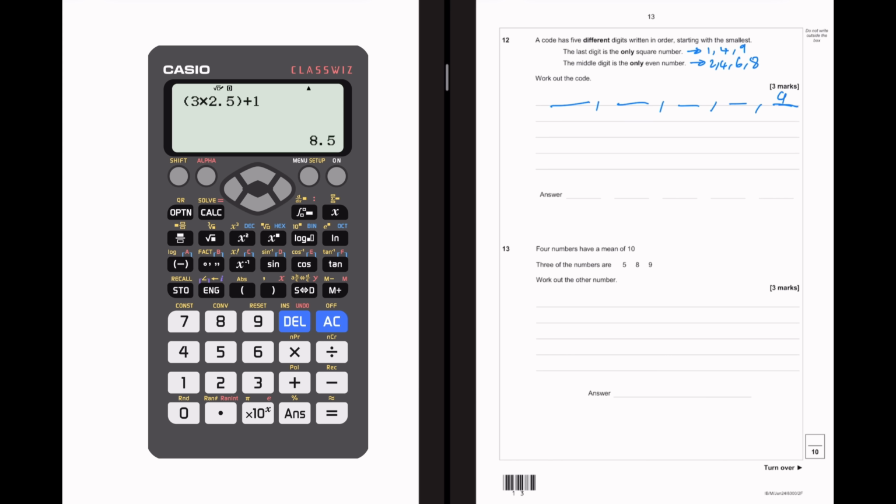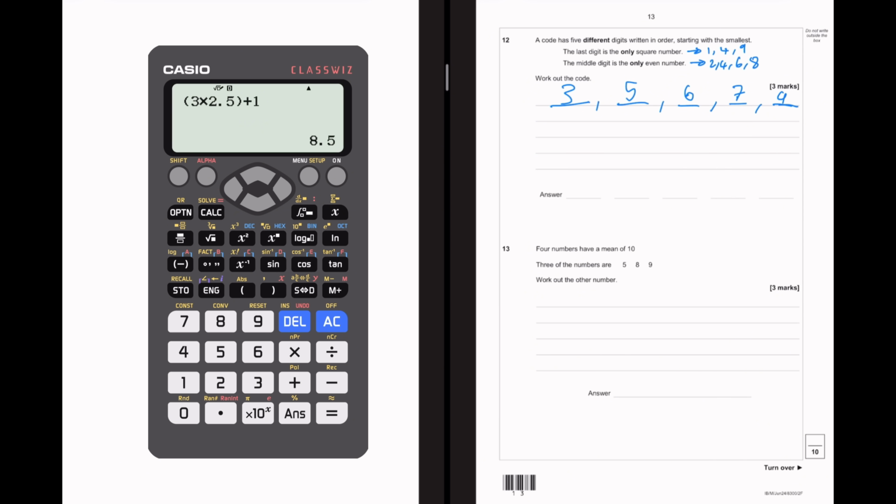If we choose 9 as the last digit, and then put 6 in the middle, this is a bit of trial and error, then we put 7 here, 5 here, and then 3.